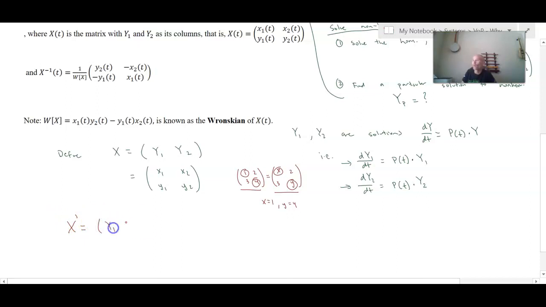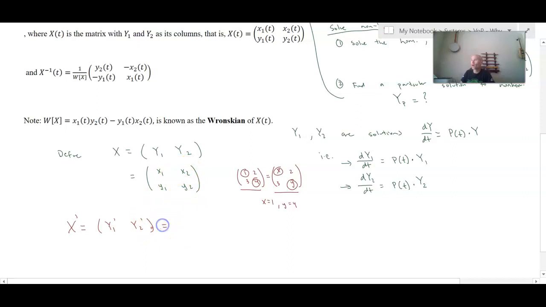So y1 prime and y2 prime. So you can imagine what these have in it. Well, all I'm trying to say here is that y1 prime is x1 prime, y1 prime, and capital Y2 prime is little x2 prime, little y2 prime.